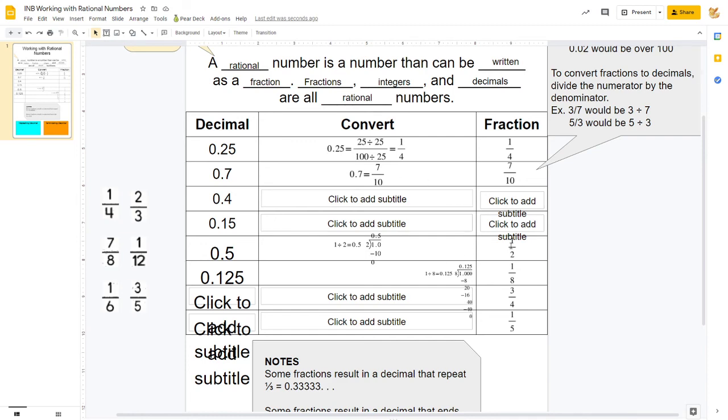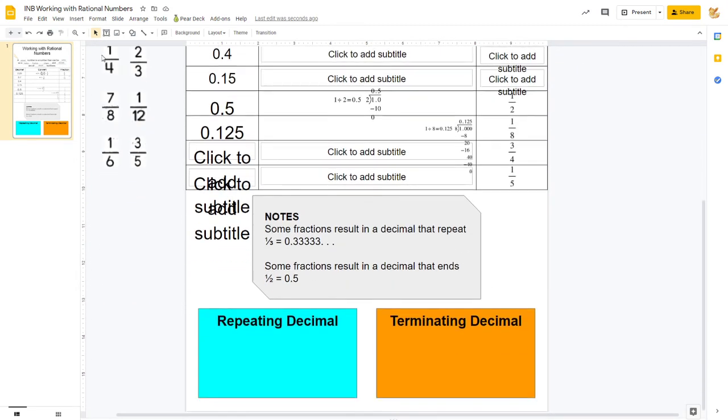Okay. Down here, there are these 6 fractions. What you're going to do is use a calculator or long division and find out if they are a repeating decimal or a terminating decimal, a decimal that ends.